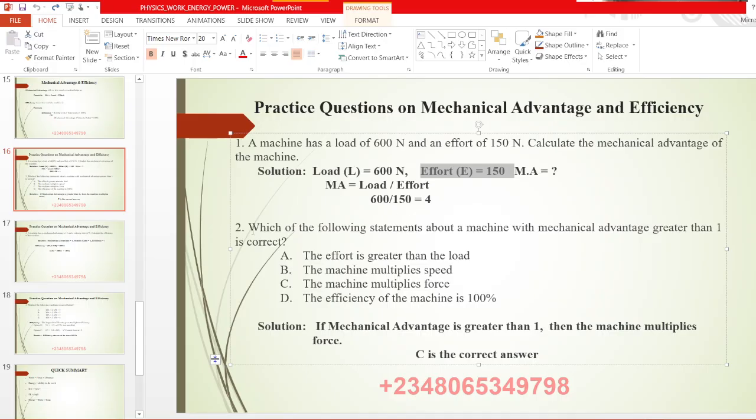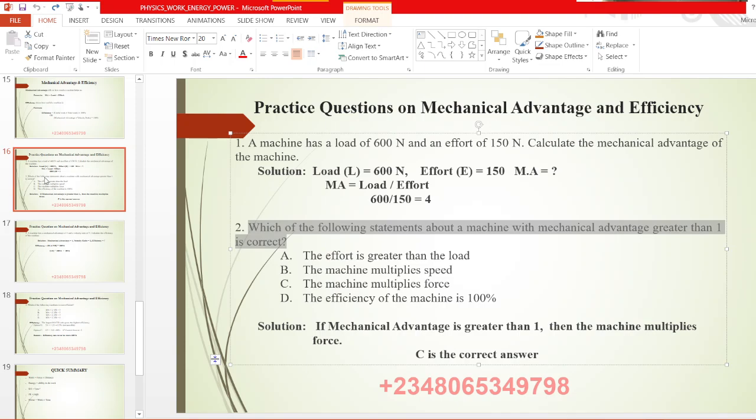Let's look at another question. Which of the following statements about a machine with mechanical advantage greater than 1 is correct? For a machine to have a mechanical advantage greater than 1, something must have happened. That means there are several forces at play.